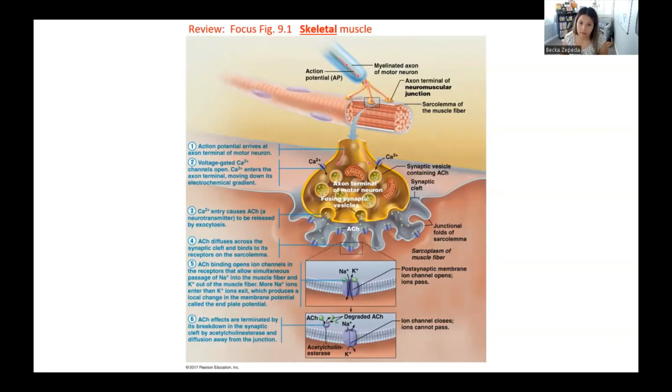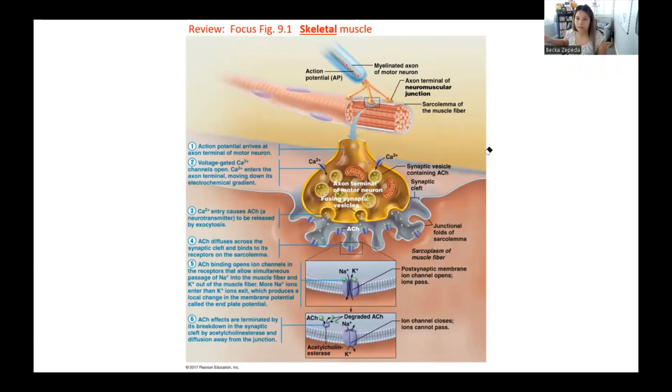So if you don't remember these steps of the action potential arriving, calcium being triggered to be released into the axon terminal, the calcium triggering the release of the neurotransmitter in the vesicles out to the synaptic cleft, the neurotransmitter then binds to the ligand or chemically gated channels that allows for sodium to leak in until we reach threshold and then set an action potential. And then from then, if you remember, the action potential is going to go down to the T tubules.